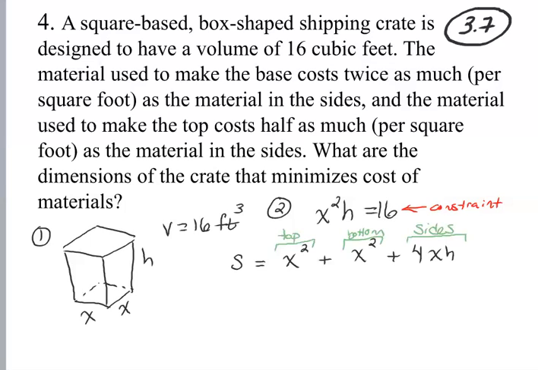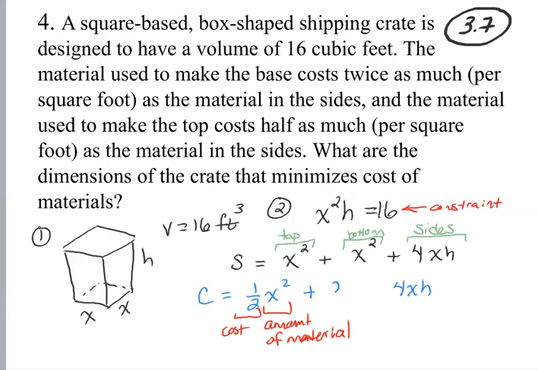I'm going to go ahead and input those. Let's say cost C is equal to, well, if the sides cost $1 per square foot, the top costs half as much as that, so 1/2 per square foot times x squared. This is the cost per square foot, and this is the amount of material, so that total together would be the total cost of the top. I can do similar reasoning for the others.